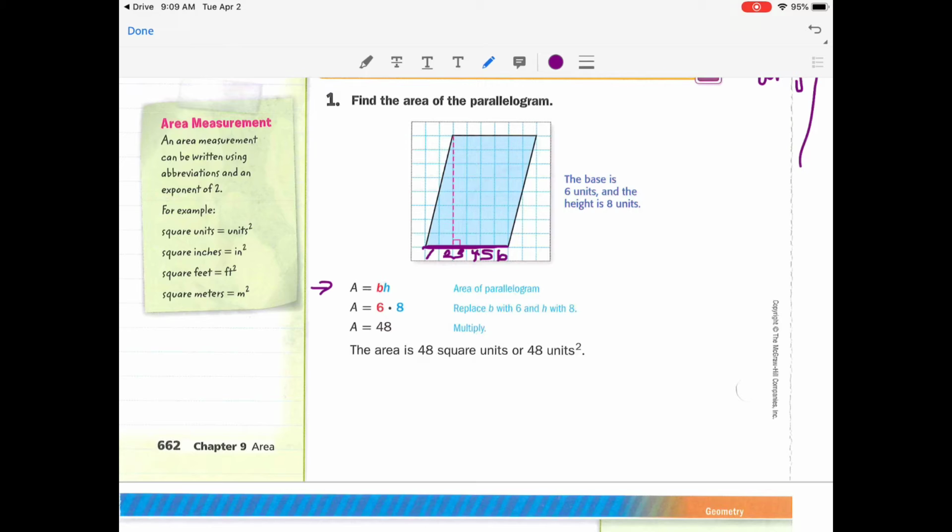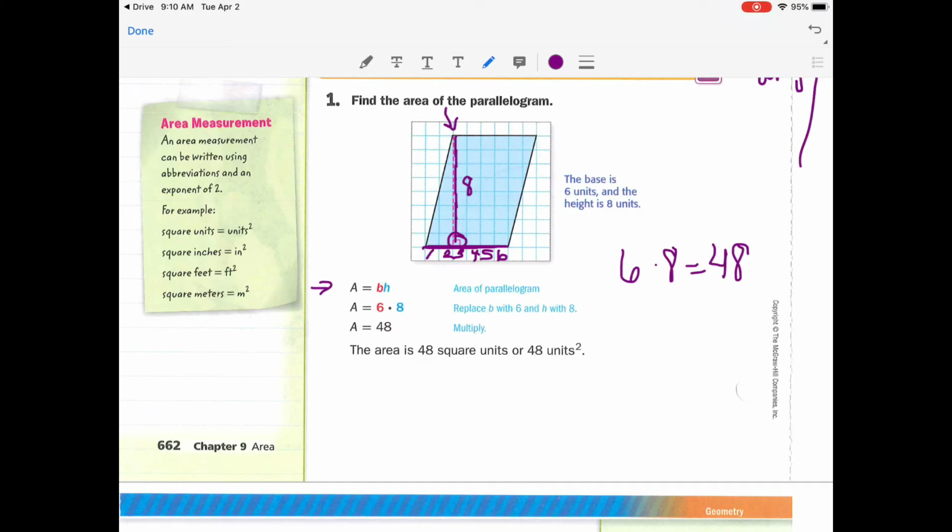So that is 6 units for my base. Now let's take a look at the height. There's 1, 2, 3, 4, 5, 6, 7, 8, all the way up into the corner. Notice I went straight to the edge and I looked for that 90-degree angle. So we said that there was 8. So all I'm going to do is take 6 times 8, which is 48.